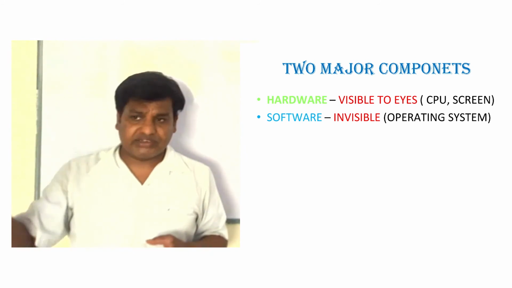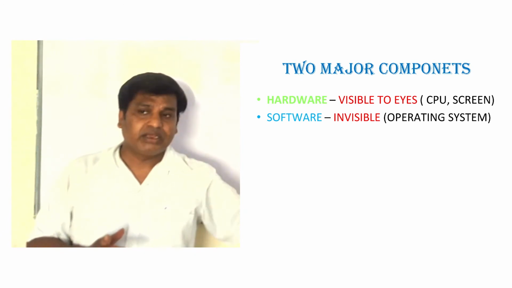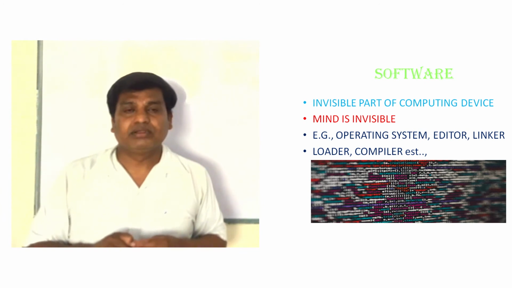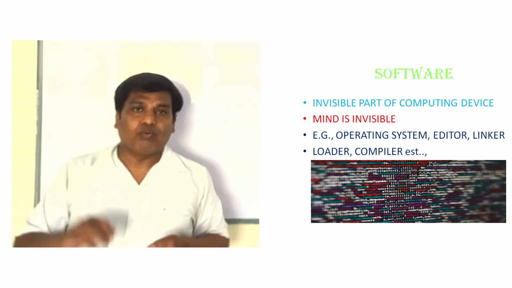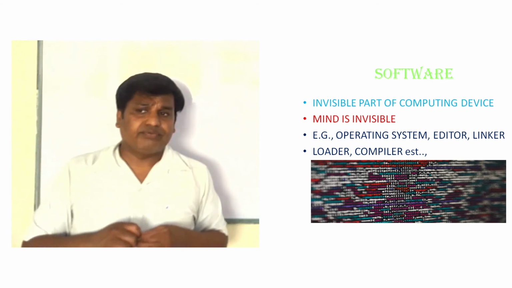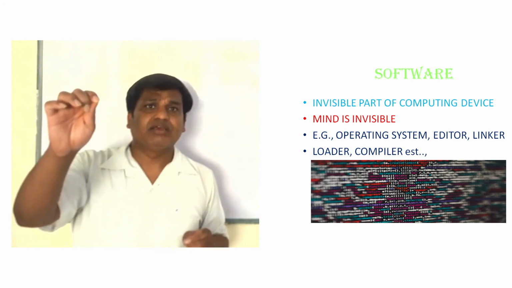Then coming to application software. This is another type of software which we use for a specific application. For example, Microsoft Word, Excel, PowerPoint, OneNote, browser. There are many. These are all applications which are used for a specific vertical.